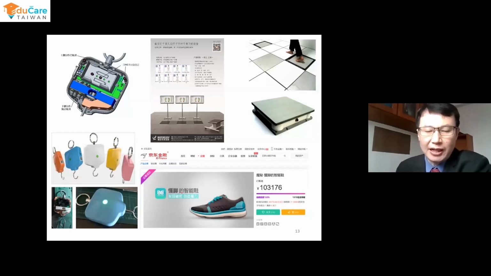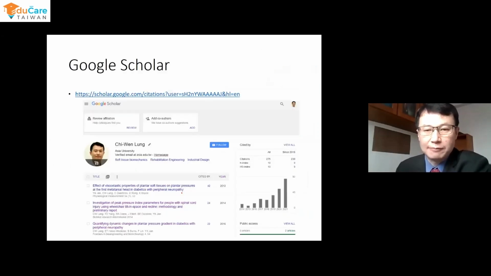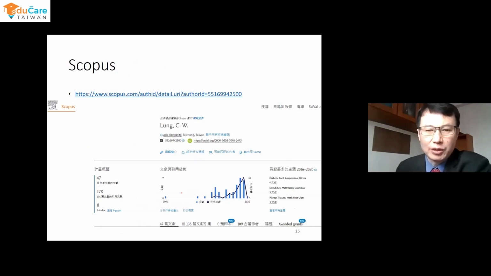We also made new shoes. If you wear these shoes, they will measure your pressure map when you are walking. If you are interested in my topic or study, you can check Google Scholar or Scopus, and it is easy to find.